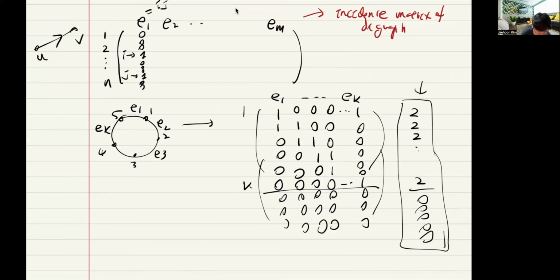If it is from I to J, then instead of writing 1, 1 here, you write plus 1 and minus 1 in each of the coordinates.